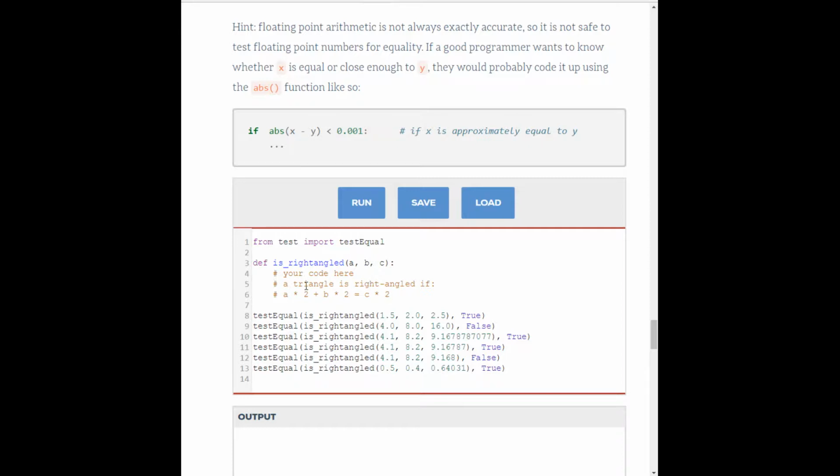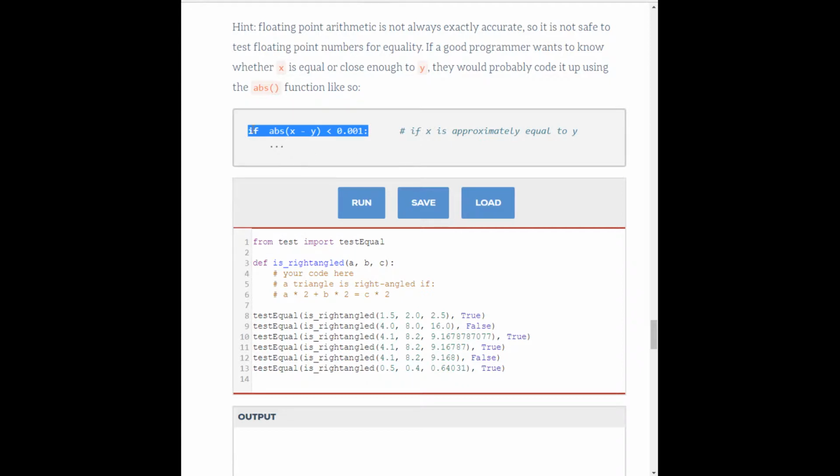So if they get super funky, we can have the computer start to truncate those numbers for us by accident, which can lead to floating point errors, and we don't want that to happen. So instead, kind of the best way to check to see whether or not two floating point numbers are basically the same as each other is using this little snippet they provide to us right here.